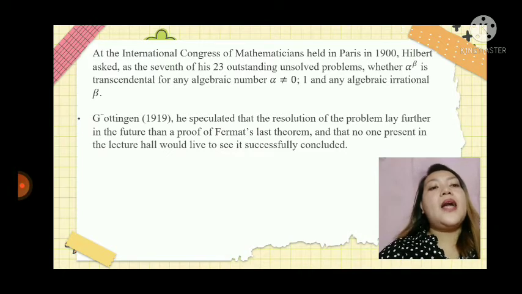Hilbert speculated that the resolution of the problem lay farther in the future than a proof of Fermat's last theorem, and that no one present in the lecture hall would live to see it successfully concluded.